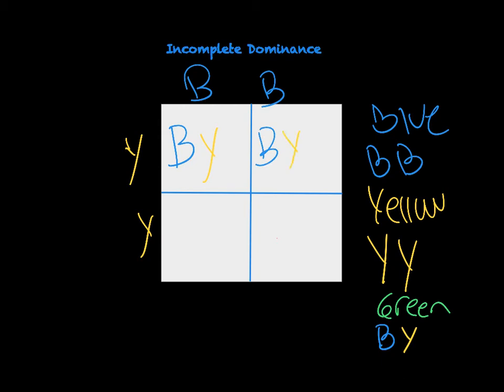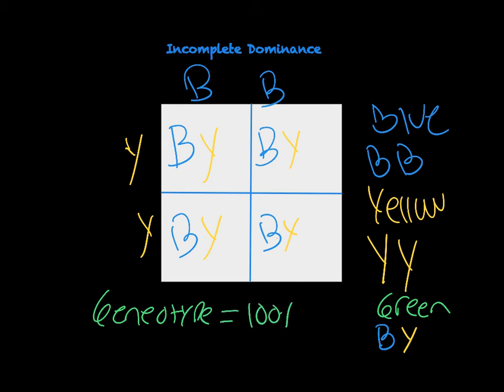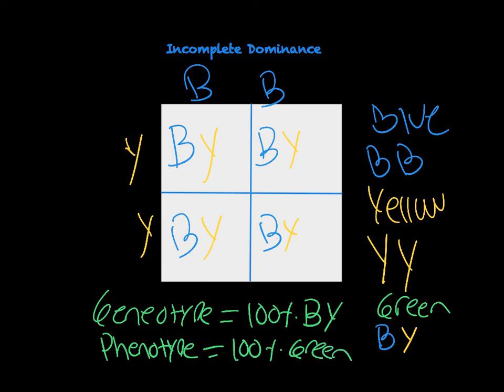So big B, big Y, big B, big Y, big B, big Y. So the genotype of this new plant will be 100% big B, Y. And the phenotype will be 100% green, since blue and yellow together make green.